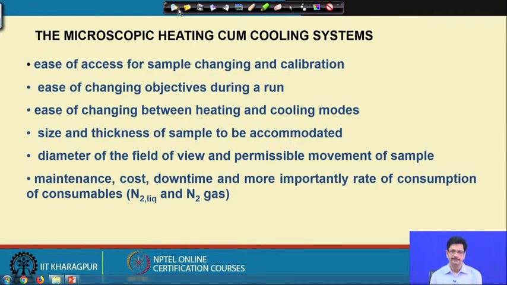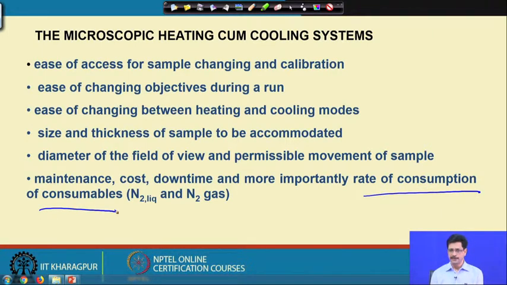So, we need to have a constant supply of this liquid nitrogen and other kinds of maintenance of the equipment necessary to keep it in running condition. These are, for example, the consumption of the consumable parts.